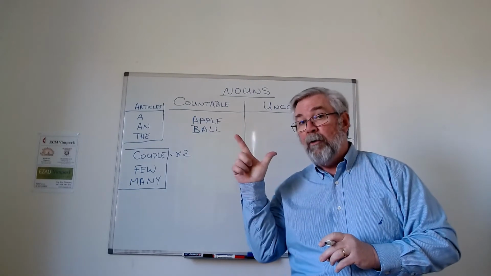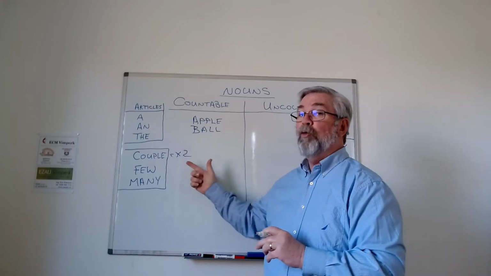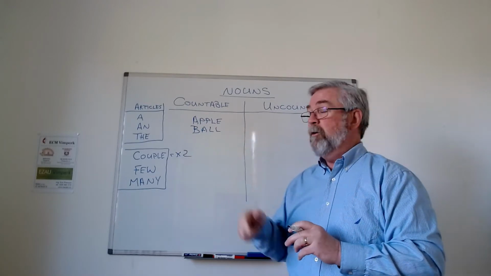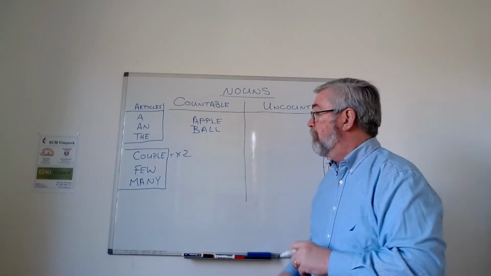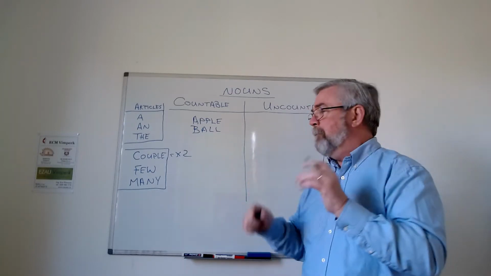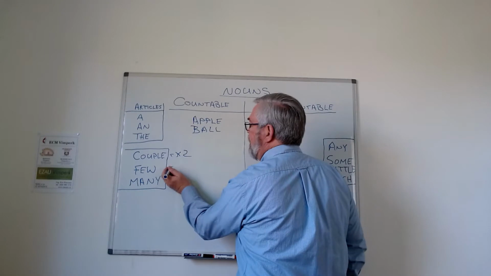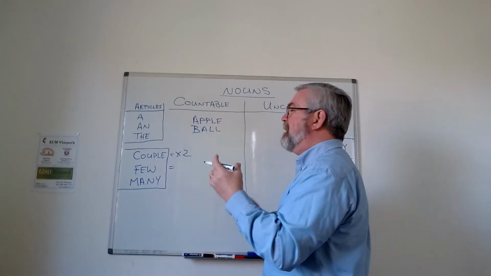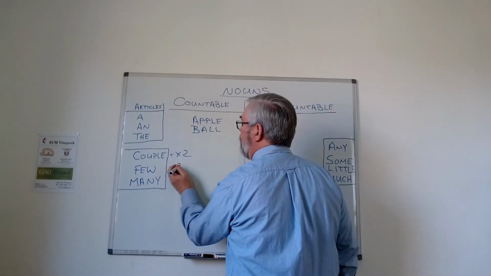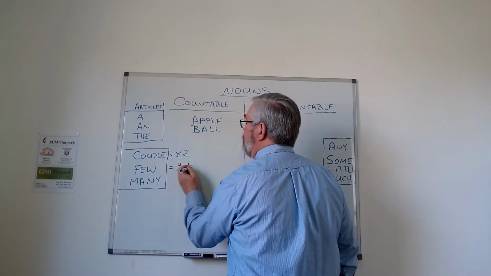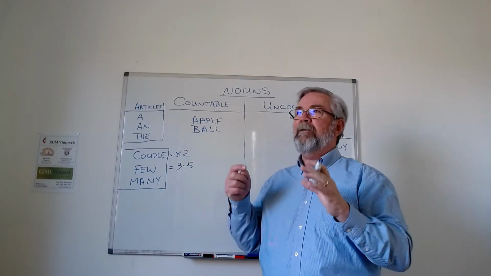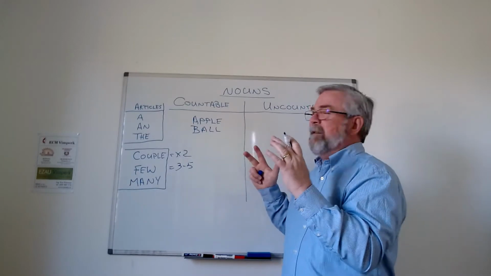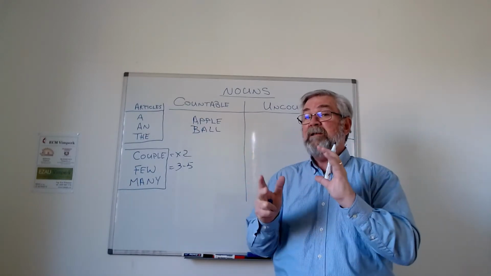A couple is always going to be 2. A few, we usually say that a few is sometimes between 3 to 5. There's nothing that says that's a general rule, 3 to 5.